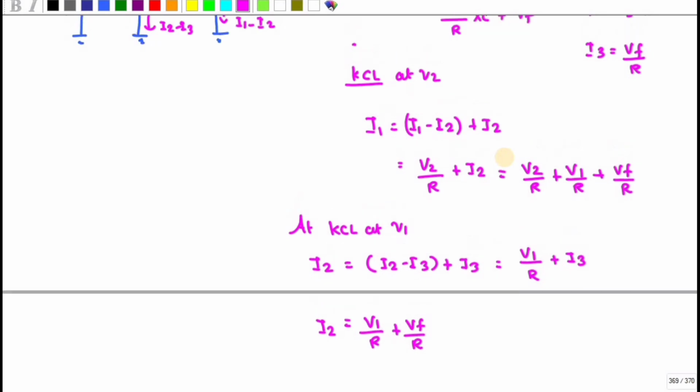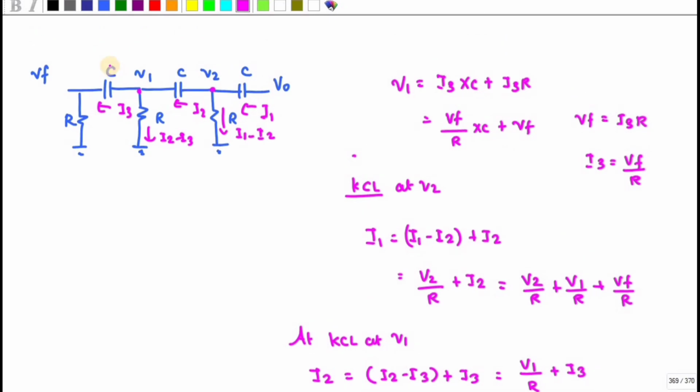How to write I2? I2 current I can write as I2 is equal to V2 minus V1 divided by XC.